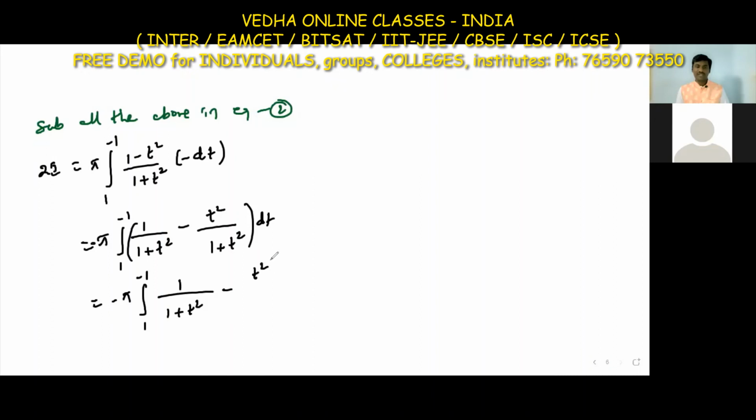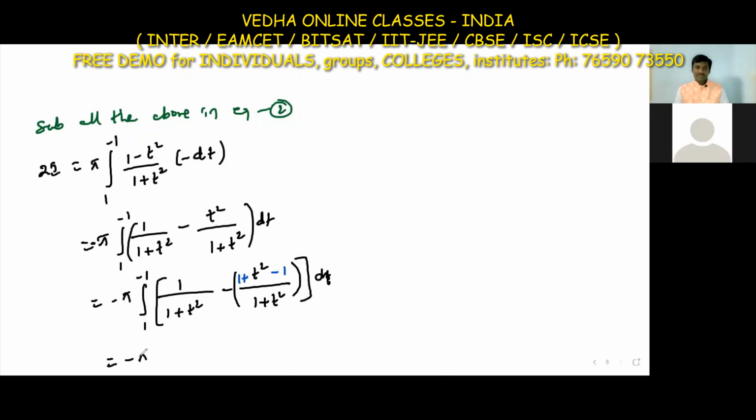Here, for this t square, I am adding 1 and subtracting 1, whole divided by 1 plus t square as it is, and whole dt.